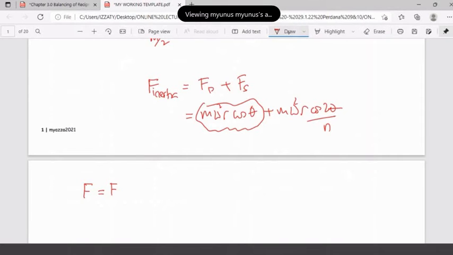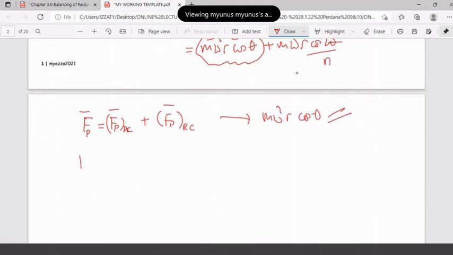This one is F primary, but now it's direct crank plus another F primary, reverse crank. So what will be the equation? The same equation is used: M omega square R cos theta. So if I pick up only one, for example F primary for the direct crank, you'll be using the same equation, cos.